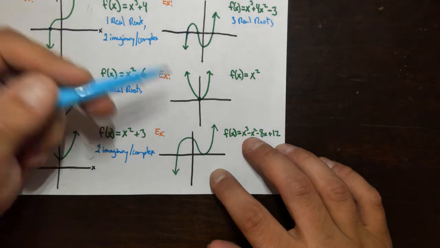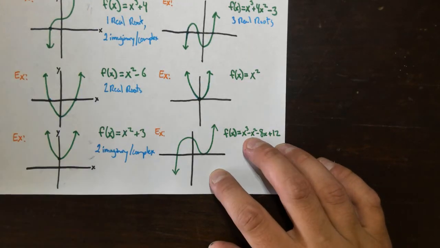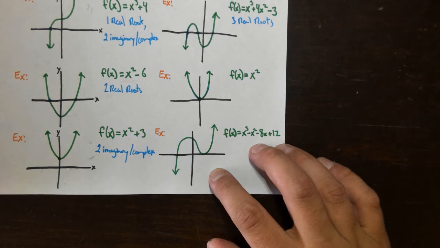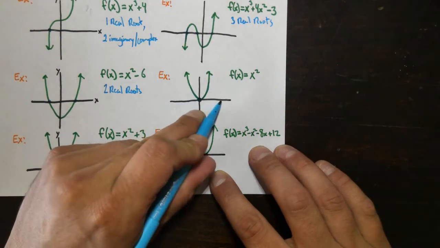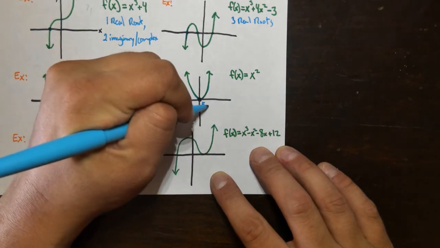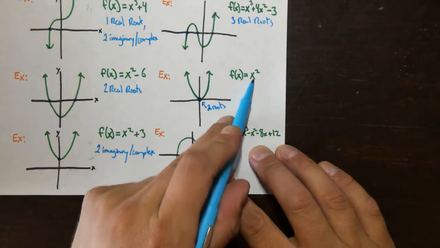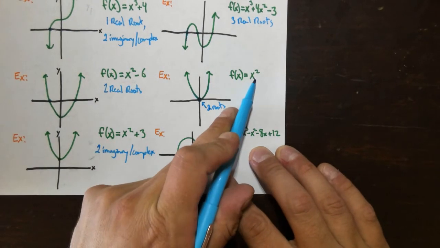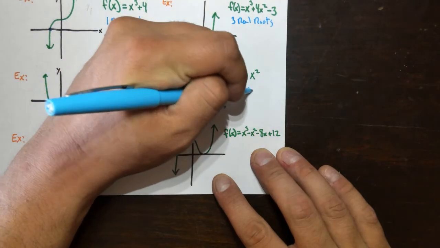However, if it touches the x-axis and bounces back up, that means there are 2 roots at that point. So here, at this point where it touches the x-axis, there are 2 roots. This is a quadratic, which means there are 2 roots, which means this is going to have 2 real roots.